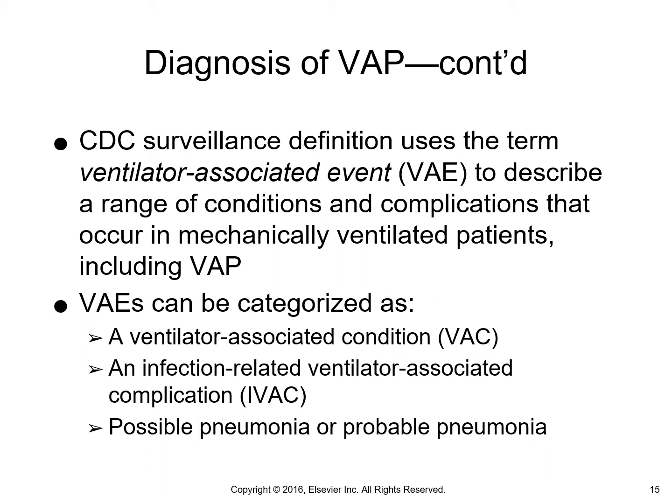So, some of the different terminology. The CDC surveillance definition uses the term ventilator-associated event, which describes a range of conditions and complications that occur in a patient on a ventilator, including a VAP. So a VAP falls under the category of a ventilator-associated event.